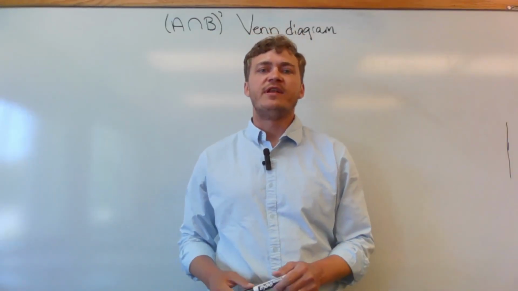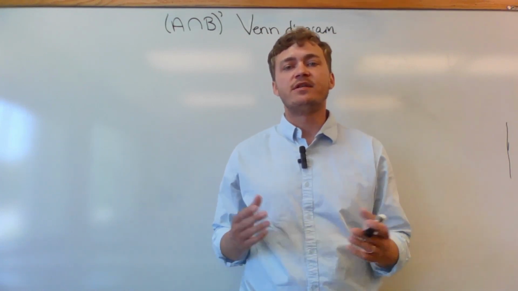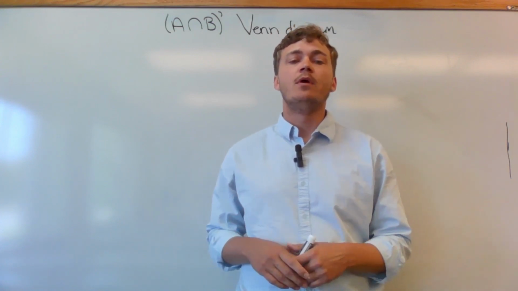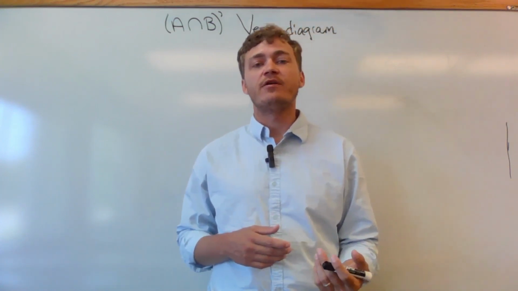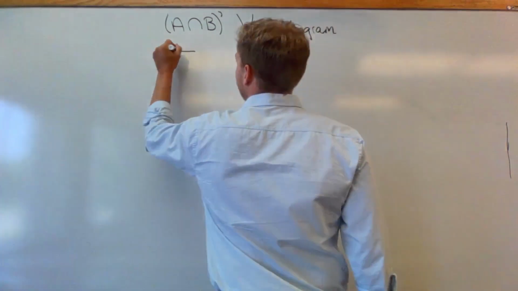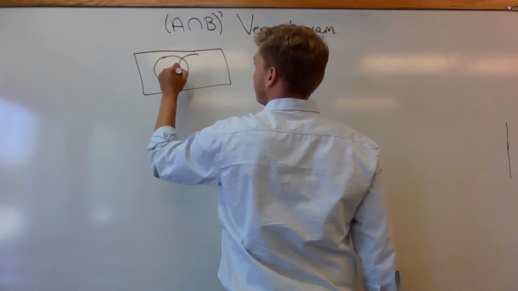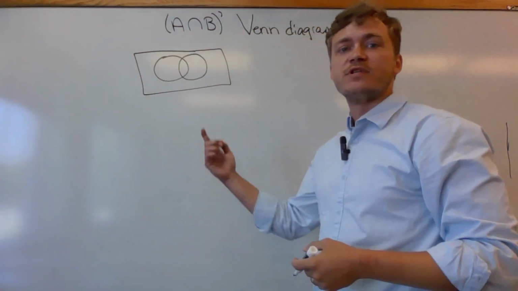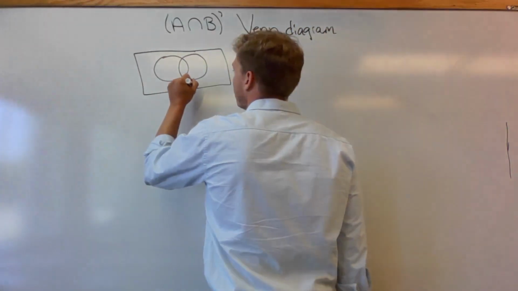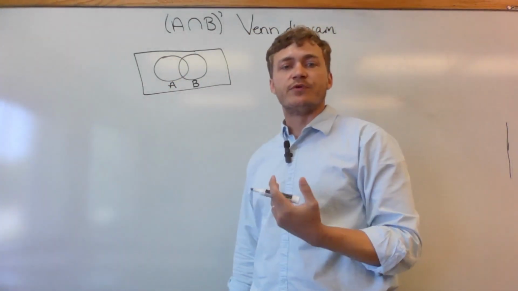Okay, so we're going to look at the Venn diagram for A intersect B complement. In this case, let's think about starting inside the parentheses. A intersect B, what would that look like? Let's start off by drawing our Venn diagram with our 2 circles inside the universal set. Going left to right, we'll say the left circle is A, the right circle is B. As we noted before, the middle region, the intersection, is region 1.